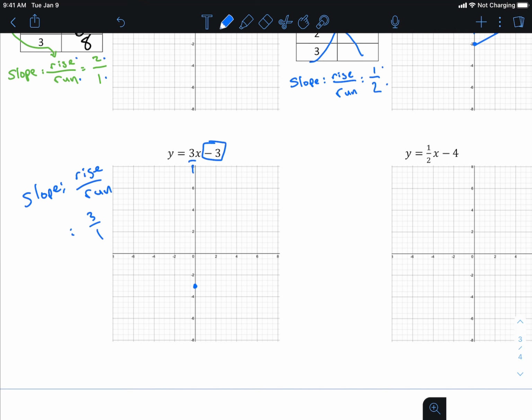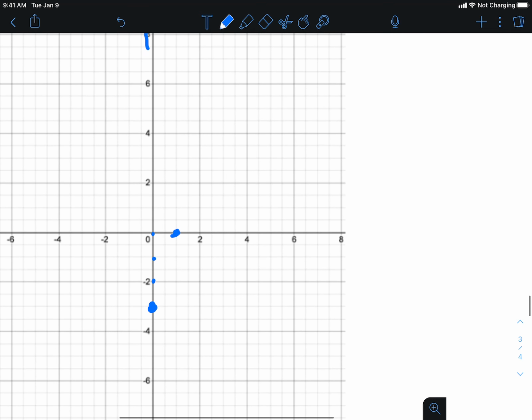Up 3. We're gonna count up 3. 1, 2, 3. Right 1. Wait, what? How are we there? Oh, up 3 over 1, yes. Up 3, right 1. Up 3, right 1.